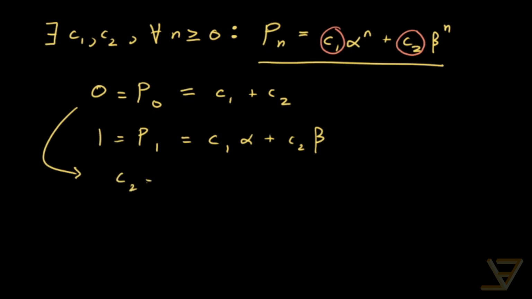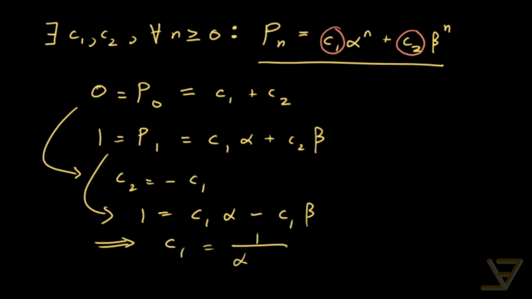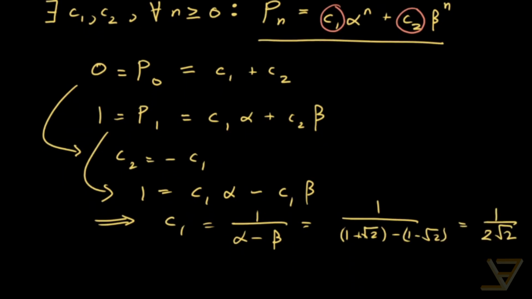We get C2 is equal to negative C1, and we can substitute it in here to get 1 equals C1 alpha minus C1 beta, and that means C1 is equal to 1 over alpha minus beta, which is equal to 1 over 1 plus the square root of 2 minus 1 minus the square root of 2, which is just equal to 1 over 2 square root of 2. So that tells us that C2 is equal to negative 1 over 2 square root of 2.